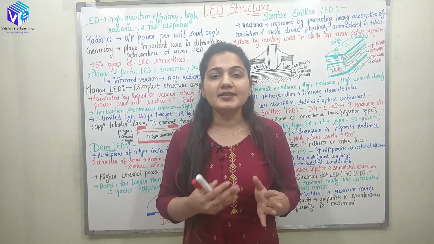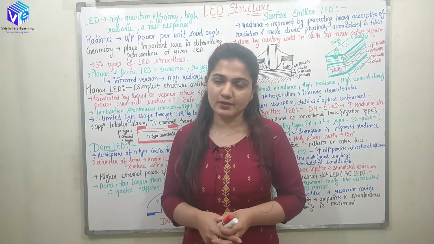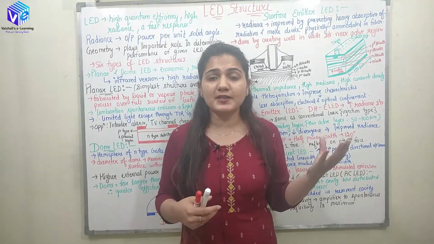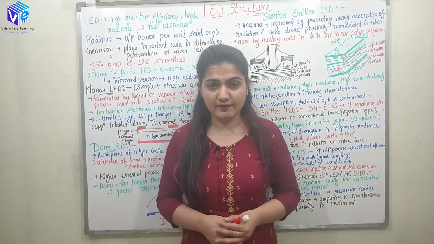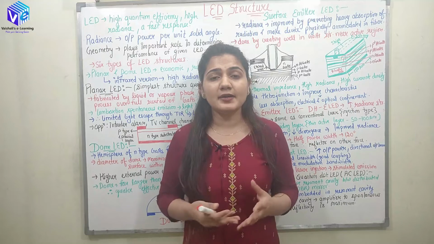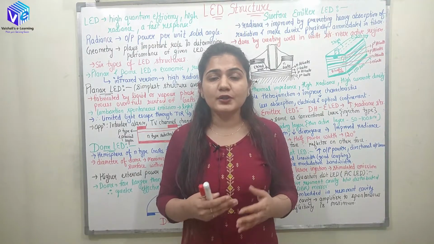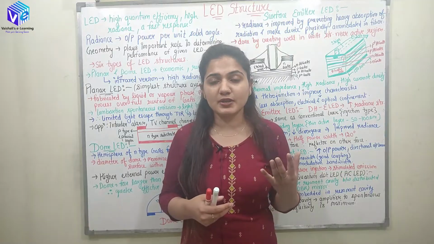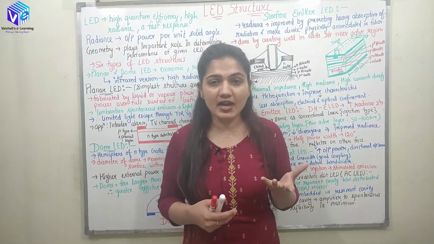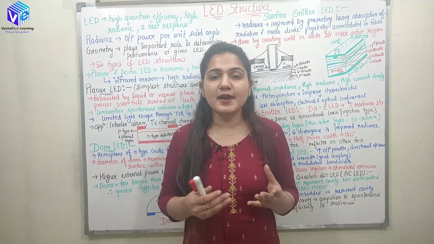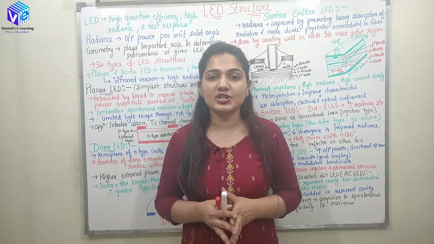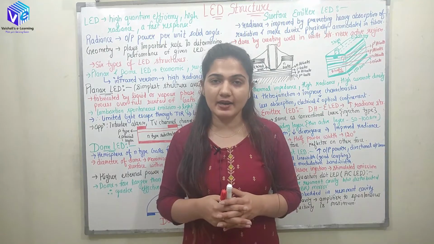Now I want as high quantum efficiency as possible. The quantum efficiency is related to the output optical power divided by the input electrical power. So I want the quantum efficiency to be as high as possible, and when it becomes high, the output optical power will become high when the number of photons emitted by the LED is large. That happens when the total number of recombinations taking place inside the LED is large.